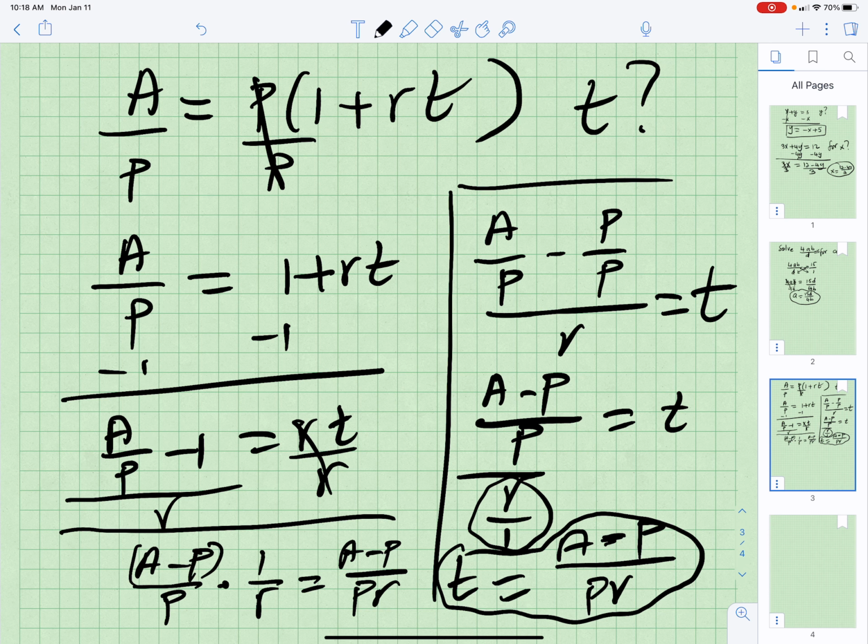So A stands for the amount, P stands for the principal, R is the rate, and T is the time in years. So it's like you are trying to invest money, to put money in your savings account, and A stands for how much you're going to have after a certain number of years, and P is the principal, how much you put in the savings account.